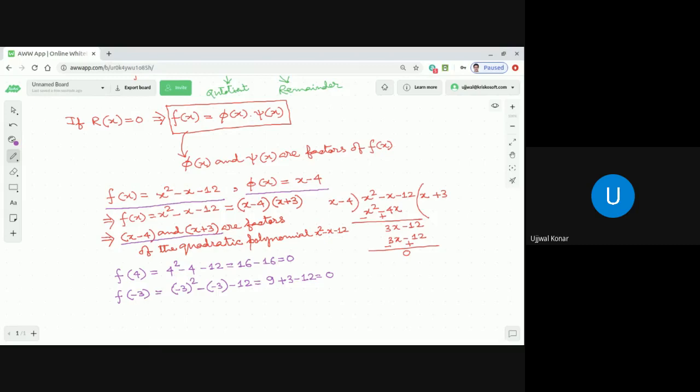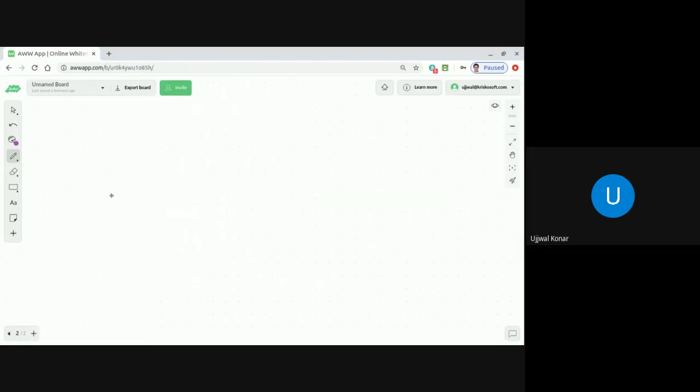So what the factor theorem says in simple terms is that, if for a particular value of a function... Let me write it down, then it will be very clear. Let me take a new page to explain the factor theorem.